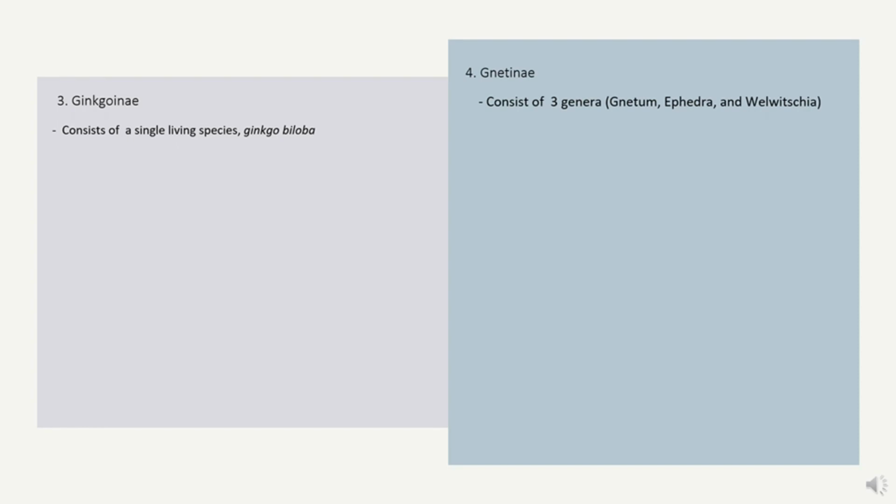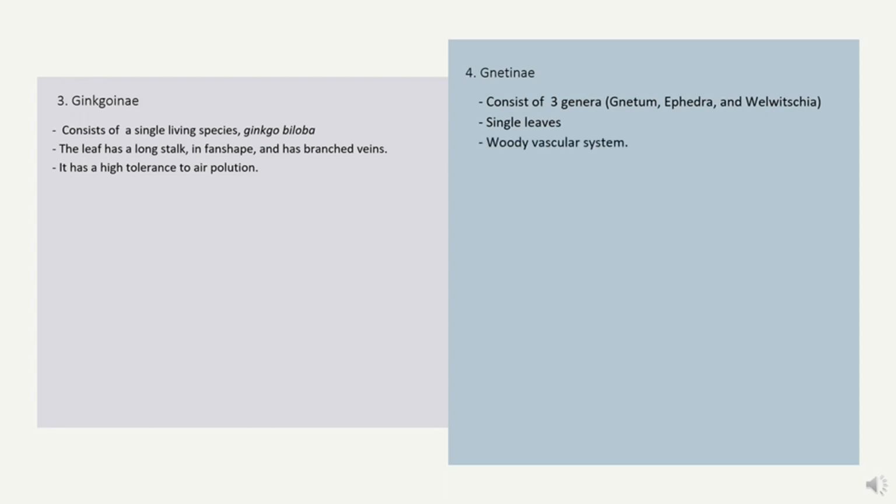And the second characteristic is, for Ginkgoinae, the leaf has a long stalk in fan shape and has branching veins. And Gnetinae has single leaves facing each other. The next characteristic for Ginkgoinae is that it has a high tolerance to air pollution. And Gnetinae has a woody vascular system.